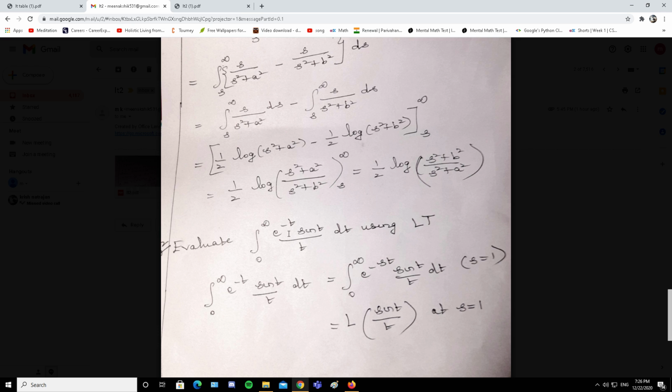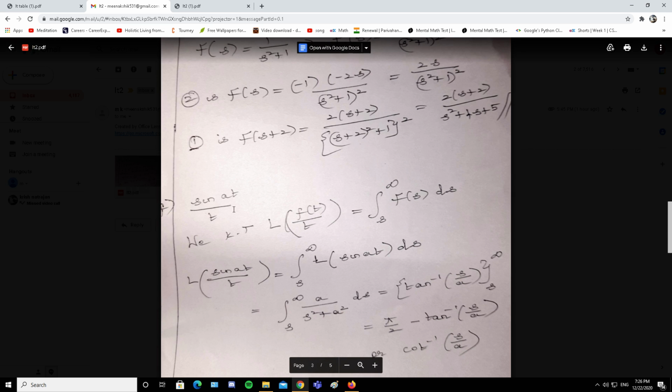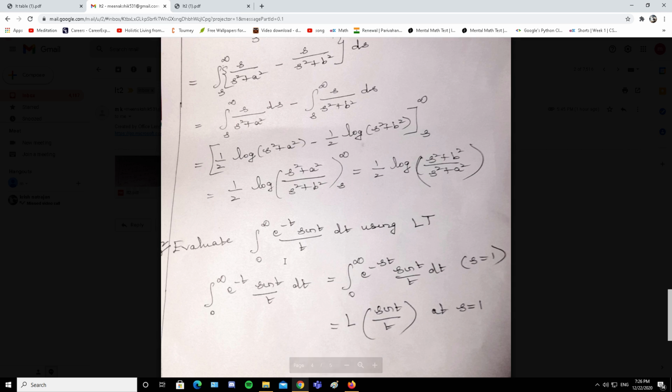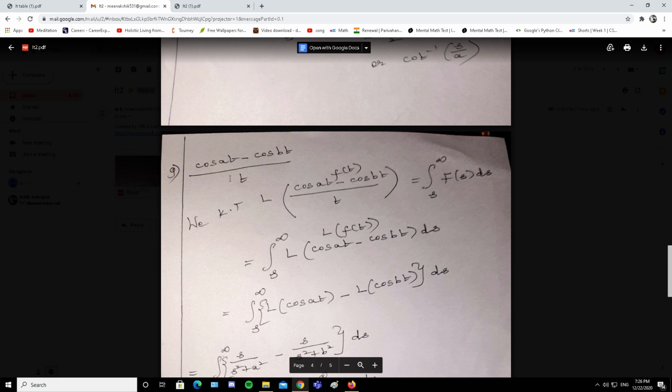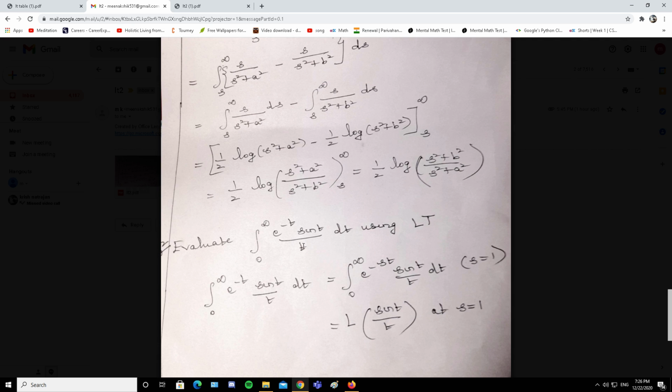In the first two questions, you were asked to find Laplace of f of t by t. But here you are asked to evaluate the integral. Whenever you are asked to evaluate the integral, replace t by st.